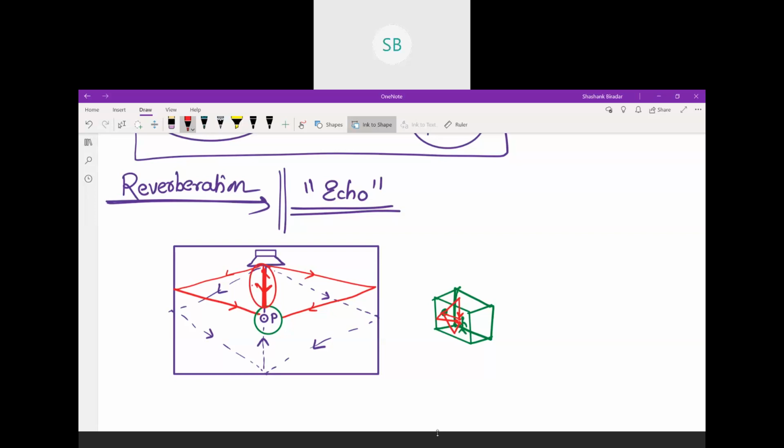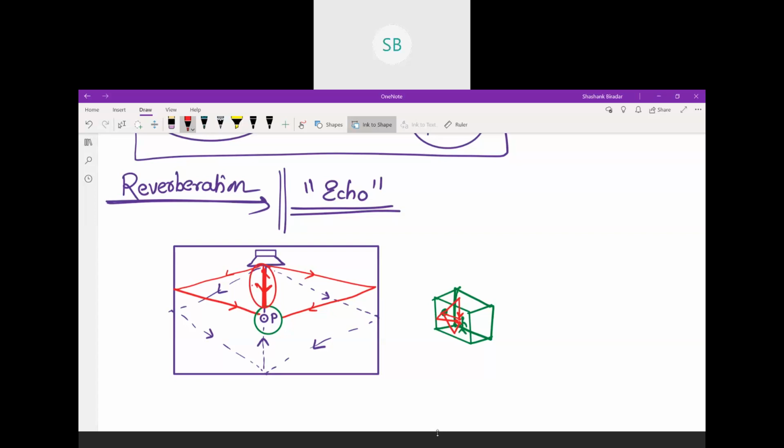When a person hears a reflected sound, it appears like a distant echo if the time gap between the direct and reflected wave is longer than 60 milliseconds. So here is the thing.